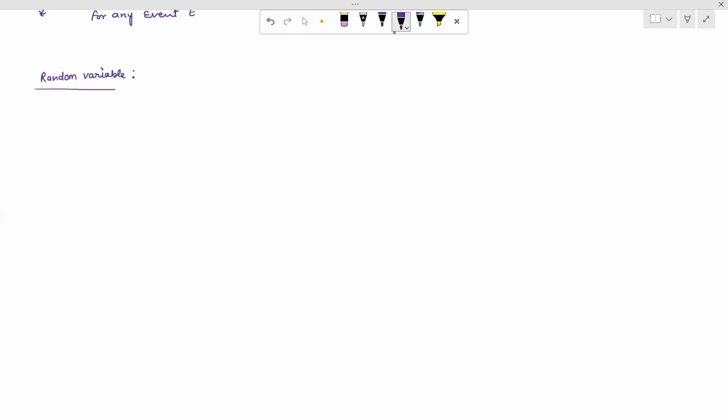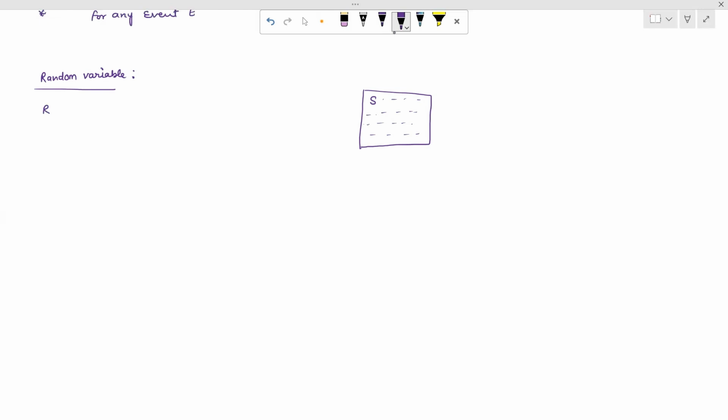For defining the random variable, we remember we have a sample space. Okay, so we have a sample space denoted as S, and there are elements of the sample space.